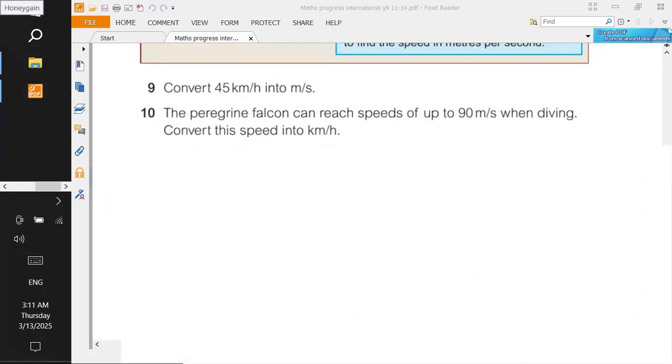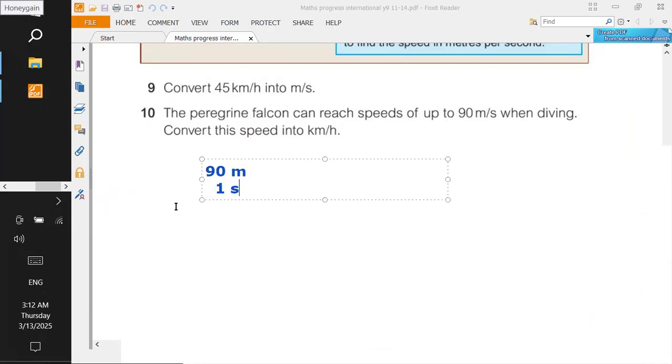So the question says the peregrine falcon can reach speeds of up to 90 meters per second when diving. Convert the speed into kilometers per hour. So the question is 90 meters per second, so per 1 second.